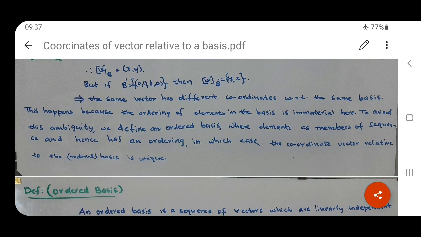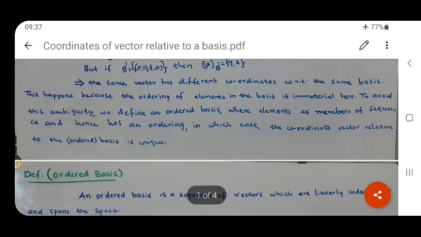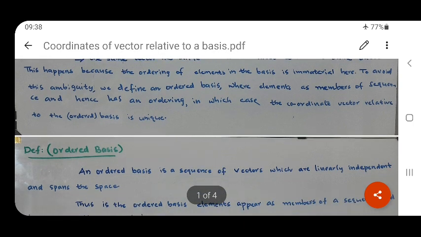So there are some ambiguities because the same vector has different coordinate vectors relative to the same given basis as a set. To avoid this ambiguity, we define an ordering, so that we define a sequence of basis elements. Such a basis is known as an ordered basis.